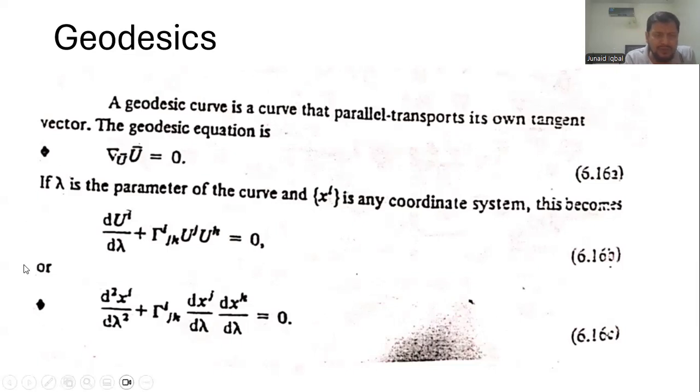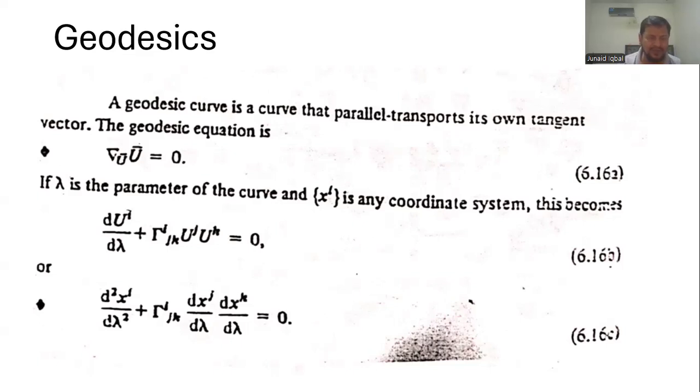According to the definition of the geodesic equation, which I have discussed earlier, it will be equal to du^i with respect to d lambda plus the Christoffel symbol term. Here u is a tangent vector, so u^i will be equal to dx^i over d lambda.